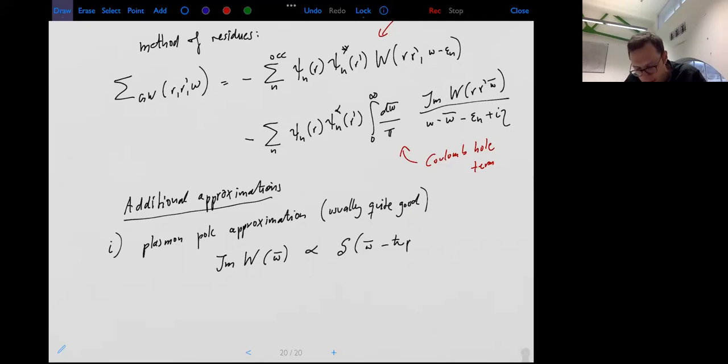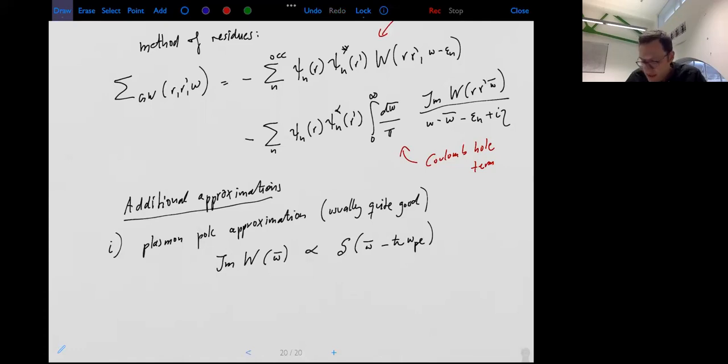So basically, when I look at the screened interaction as a function of frequency, it has one peak, and the frequency where this peak occurs is the plasmon frequency. And in many materials, this actually is a pretty good approximation.